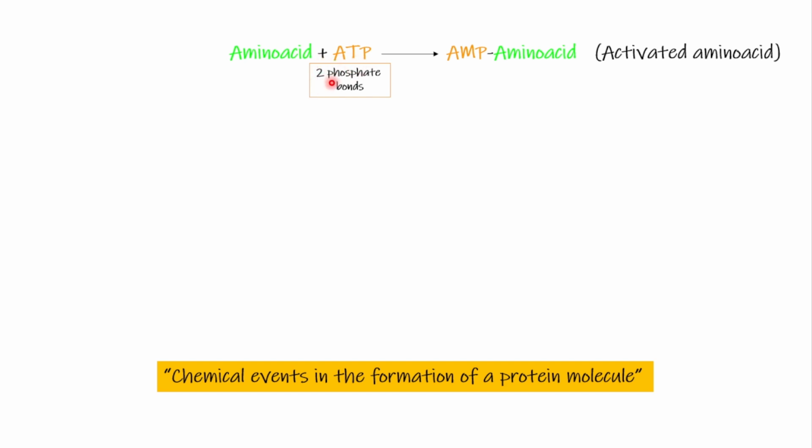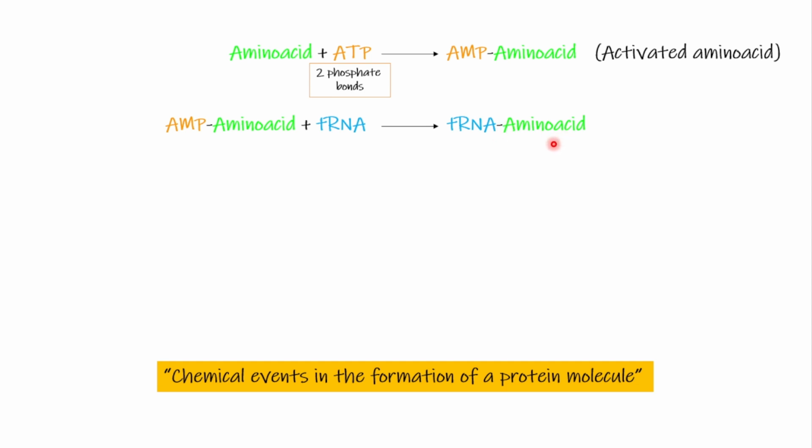ATP will give its two high energy phosphate bonds, and the amino acid will be converted into a combination of AMP and amino acid, which is basically the activated amino acid. So now this AMP and amino acid will get attached with the transfer RNA, making a combination of transfer RNA and amino acid.